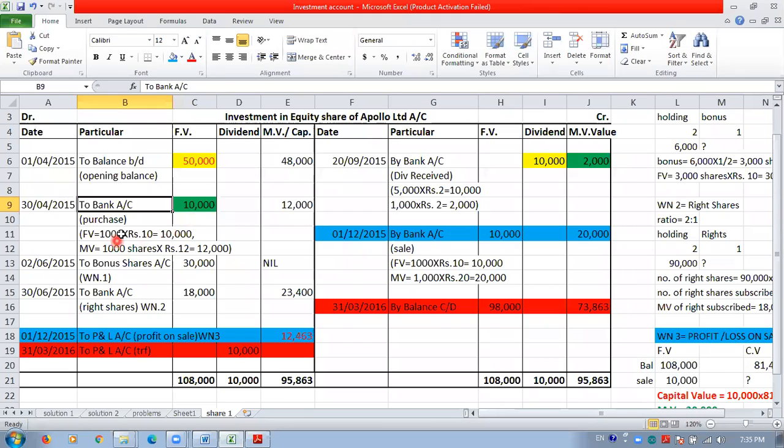So 1,000 into 10, that is 10,000 is the face value. So we put here 10,000 and the market value is 12 rupees per share. So accordingly we put 1,000 into 12, the market value 12,000, entered here, right? Then here we completed our second transaction, the purchase transaction, right?